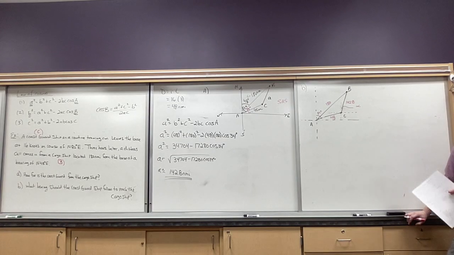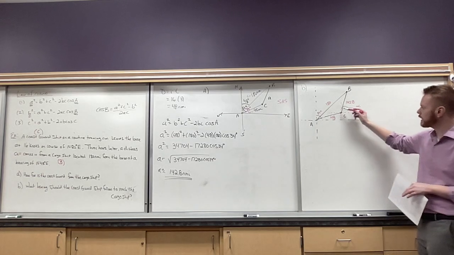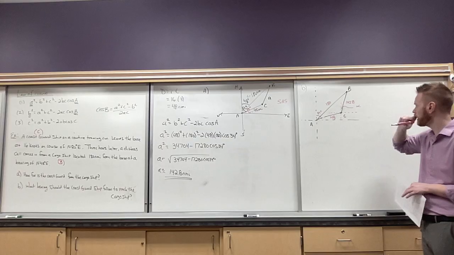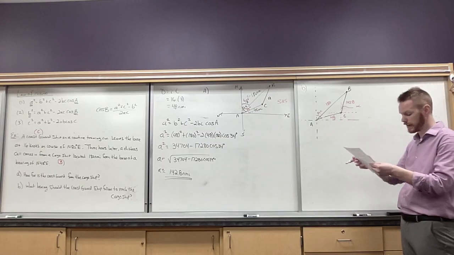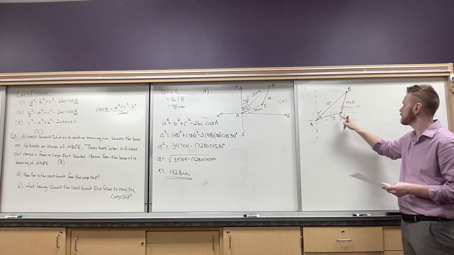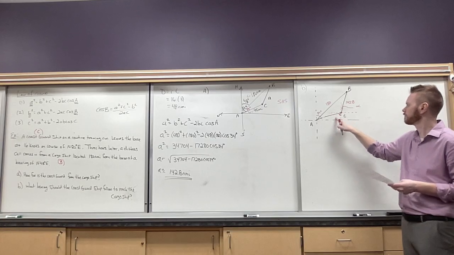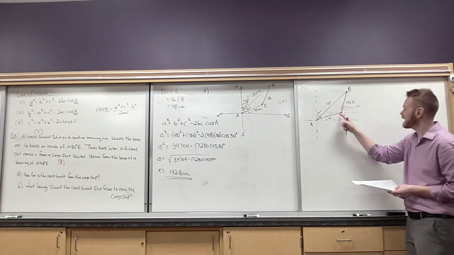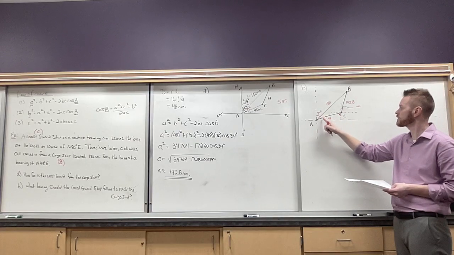So here's what I'm thinking, just to get the brain working here. If I figure out what angle C is, which alpha is part of, and if I take a look at this angle, I can actually find this angle that's on the outside. This angle and this angle do have something in common.